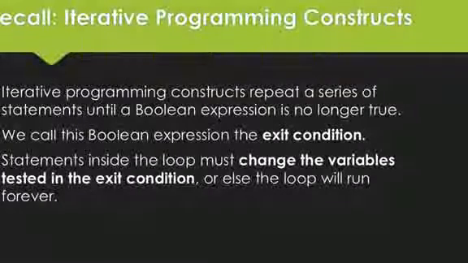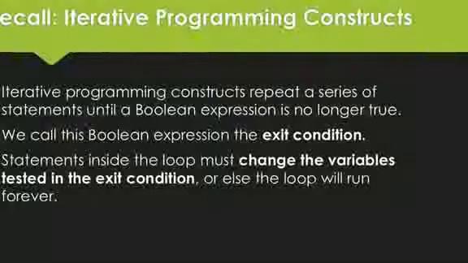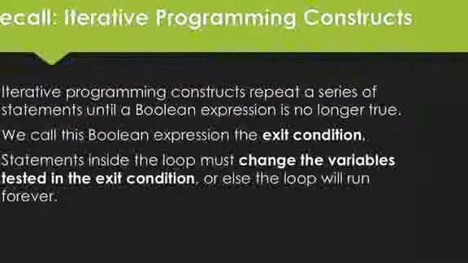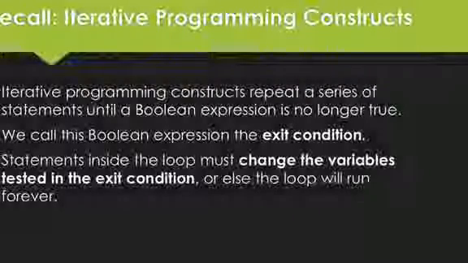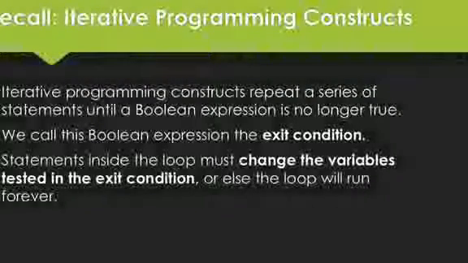One of the key points from the last lesson was the iterative programming construct, or loop. Iterative programming constructs repeat a series of statements until a Boolean expression is no longer true. We call this expression the exit condition.